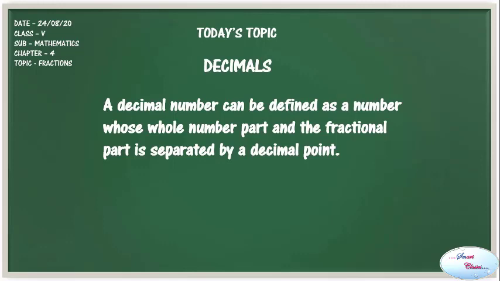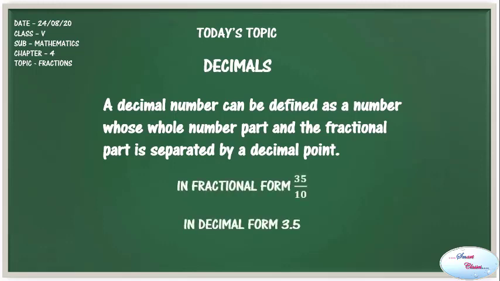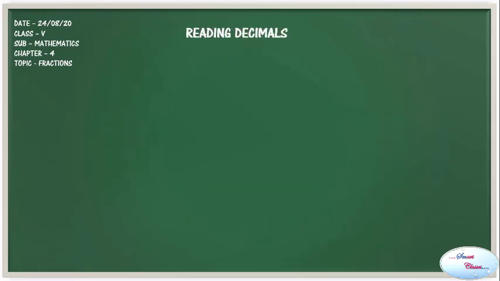Suppose there is a fraction 35 upon 10. So if I have to write this fraction in decimal form, I will write it as 3.5. Reading decimals. When we read decimals, we read the digit on the left of the decimal point as a whole number.